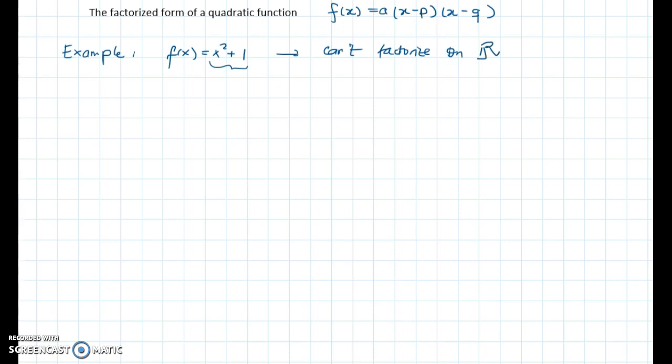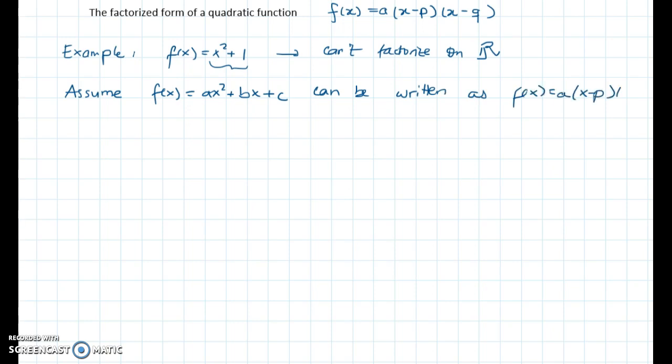And now we are just going to assume f of x equals ax squared plus bx plus c can be written as f of x equals a times x minus p times x minus q.